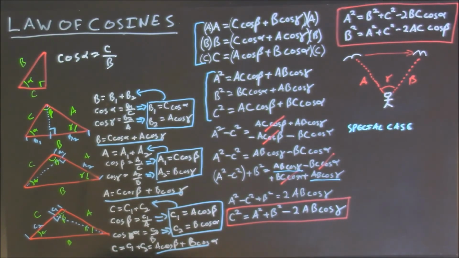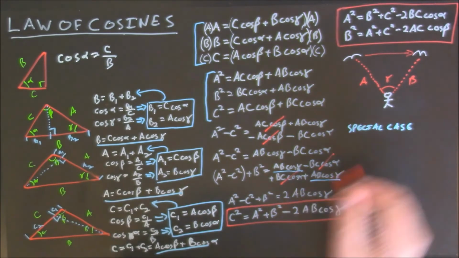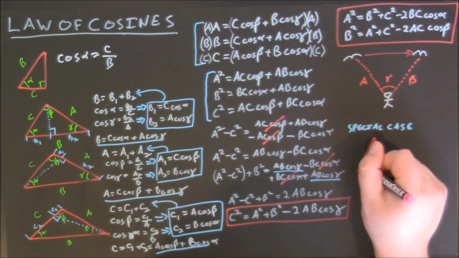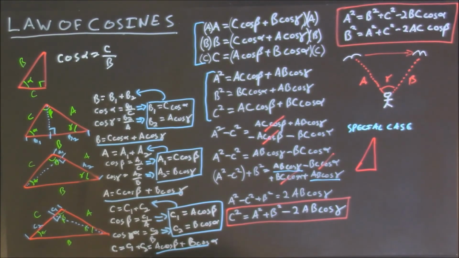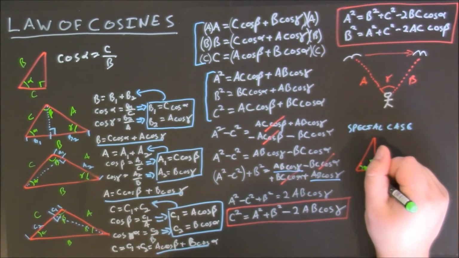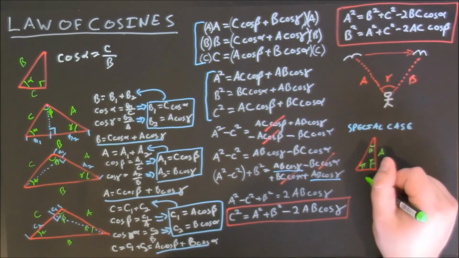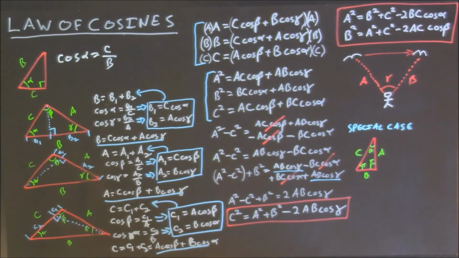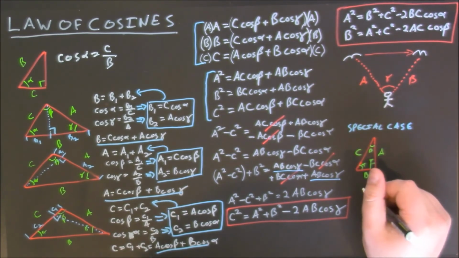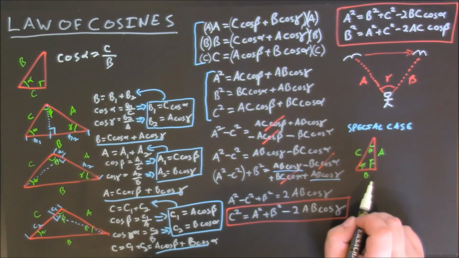Let's take this triangle and let's squish gamma so it becomes 90 degrees. So we take this triangle and we've squished gamma. So now gamma is 90 degrees. But we still have sides alpha, beta, and then sides A, B, and C. Let's apply the law of cosines around gamma.